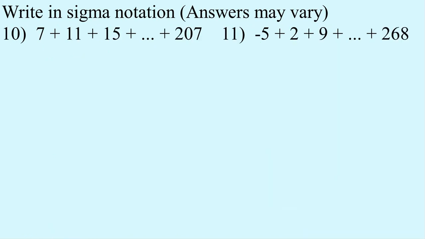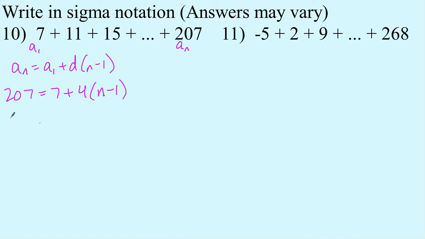Once you practice these two, pause it, give it a whirl. All right, so number 10, we have the first term and the last term, so we have this formula. That means 207 equals 7 plus, we're adding 4 each time, n minus 1.